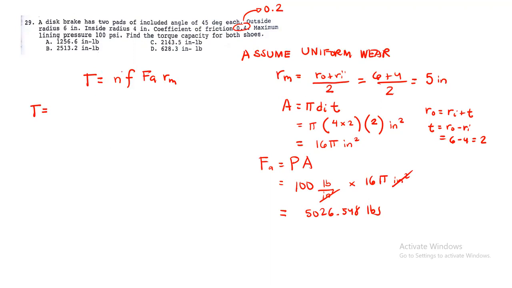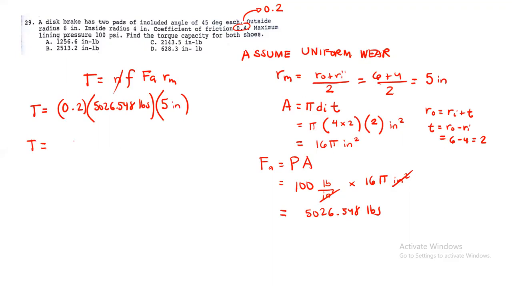We have no N here. The friction is 0.2 times FA, 5,026.548 pounds. The friction is 0.2, correct, and the mean radius is 5 inches. So the torque is equal to 5,026.548 times 5 times 0.2.